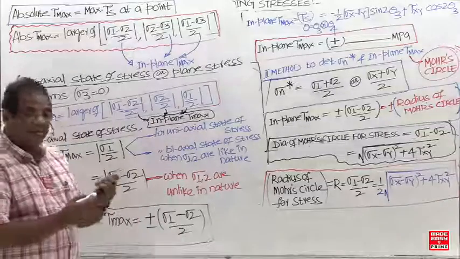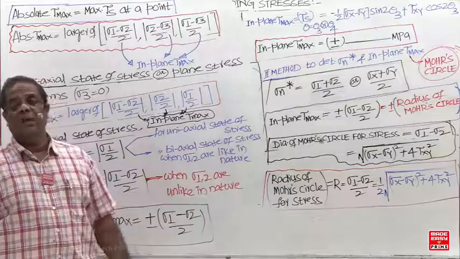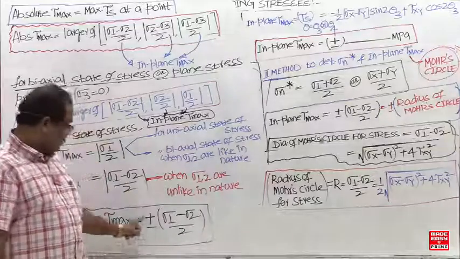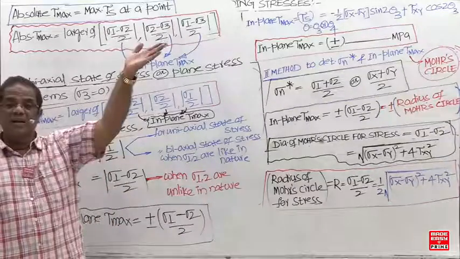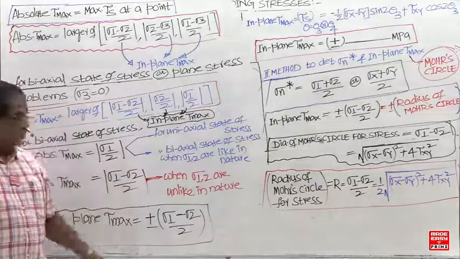Even in case of uniaxial, what tau max did you get? One is sigma 1 by 2, the other is minus sigma 1 by 2. Two values, one plus and one minus. On the 45 degree plane I get plus 100, and on the 135 degree plane you get minus 100.